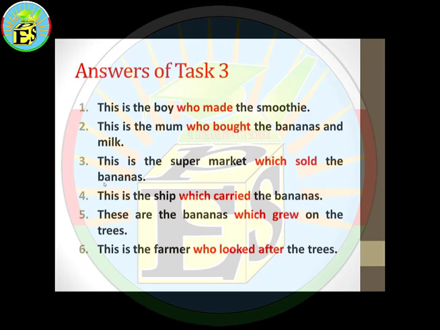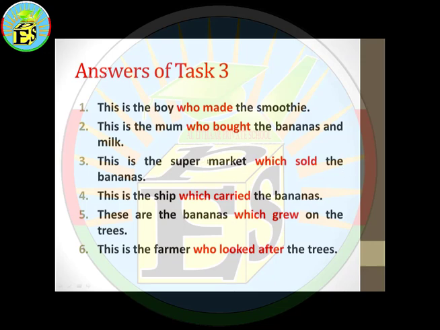So I will read the sentences for you one more time. Number 1, this is the boy who made the smoothie. The boy who. The boy is people. Number 2, this is the mom who bought the bananas and milk. Number 3, this is the supermarket which sold the bananas.